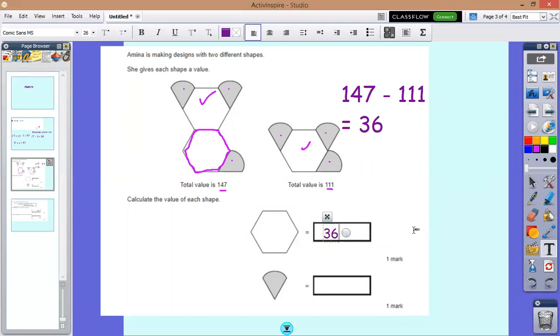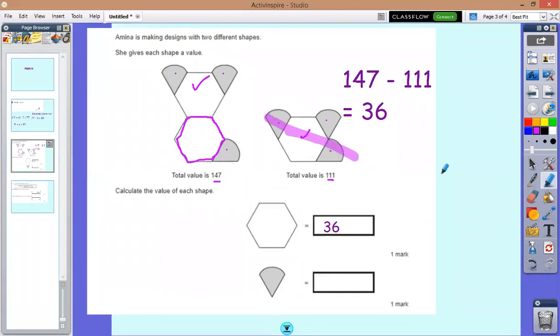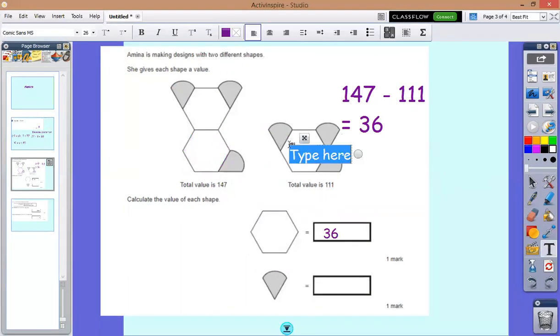So my first answer here would be 36. Now I've worked that one out, I can solve the rest of it. I'm going to write over the numbers here. So I've got 36 here, and I'm going to write this out algebraically. 36 add 3C, with C for cones, equals 111. Now I could take away 36 to make 3C.